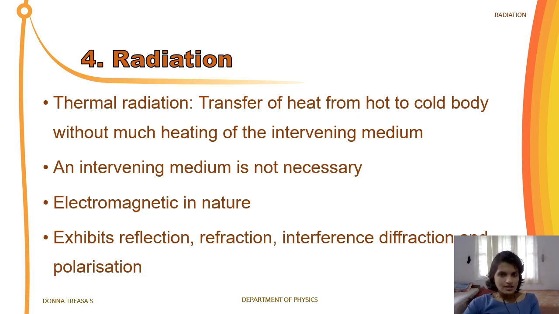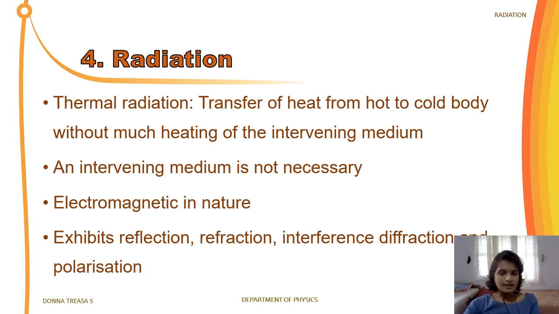Suppose that we are organizing a college or school trip and we are organizing a campfire. All the students are seated around this fire a few meters away. So when we learned about convection, we learned that the air which is in direct contact with the fire gets heated up and its temperature increases. As the temperature increases, it also becomes less dense. So this less dense air tends to move up, creating a gap which will be filled by more dense air, that is the cooler air.